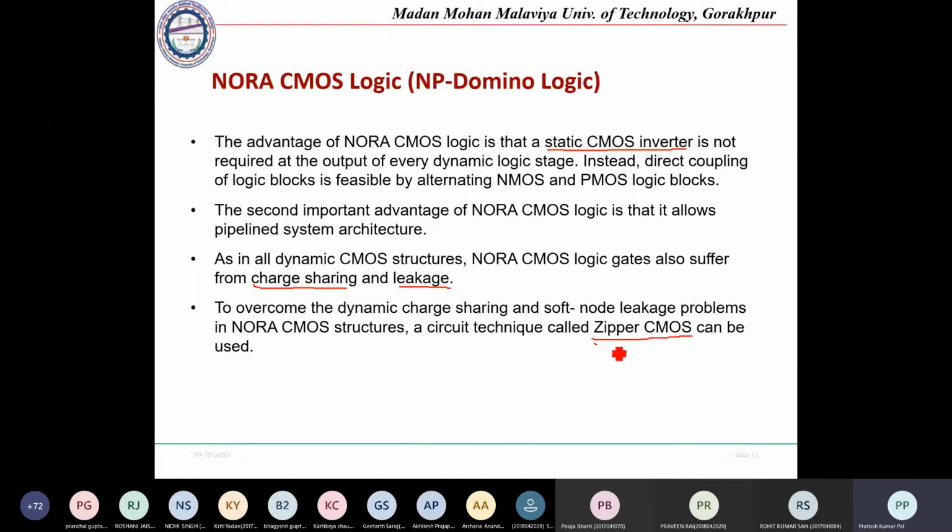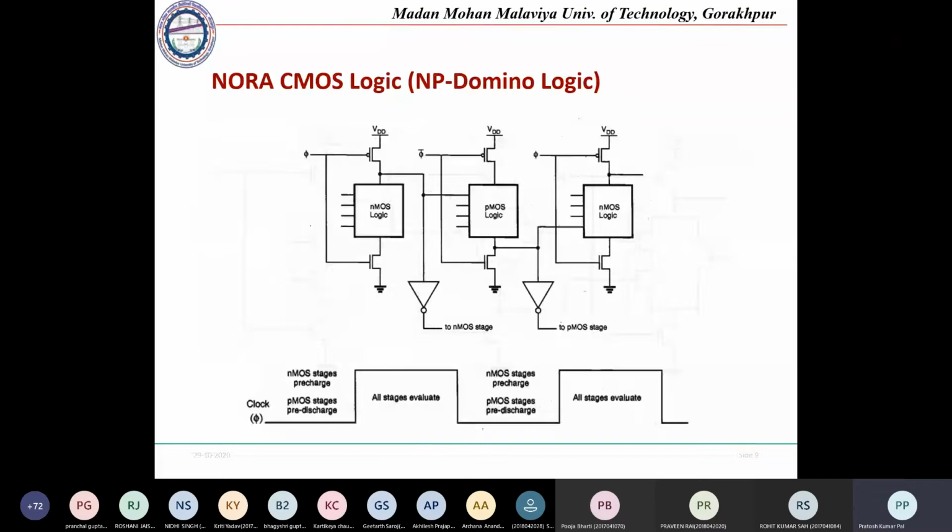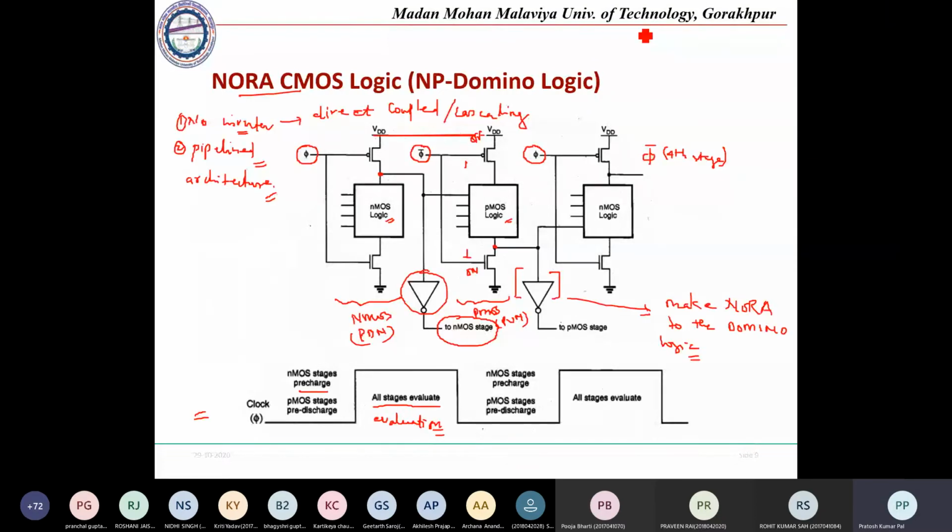CMOS logic. So the next CMOS logic, that is the Jeeper logic, will be a logic that removes the disadvantages of your Nora logic. And this Nora logic has this as the clock. The clocking in the Nora logic will be similar to this. So this type of clocking will be used for the structure.